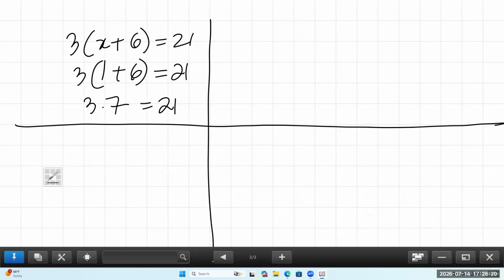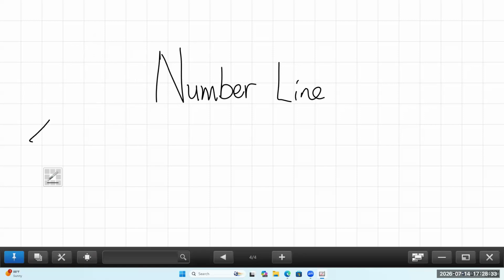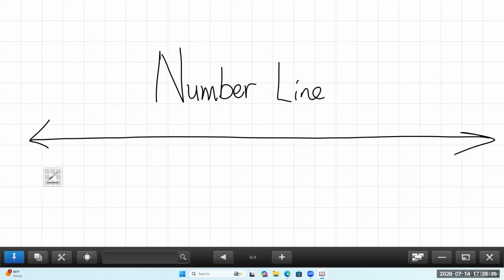Okay, we're going to try one more thing. Let's talk about the number line. So this is like a number line.